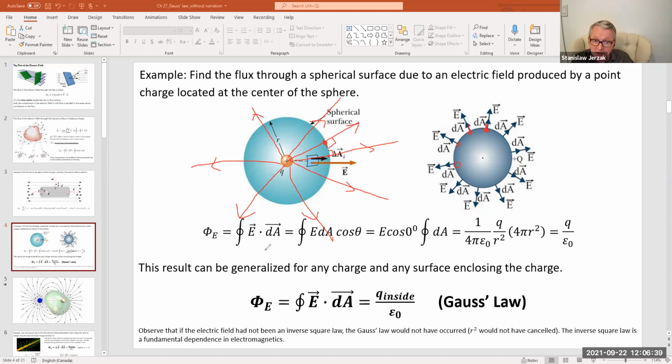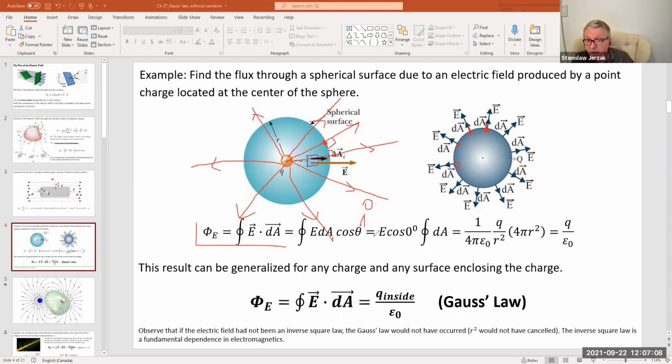So if you take this into account, then the flux is equal to the integral over the closed spherical surface of E dot dA. The dot product is E dA cosine theta, but cosine theta is 1 because dA and E are parallel, so the angle theta is equal to 0.